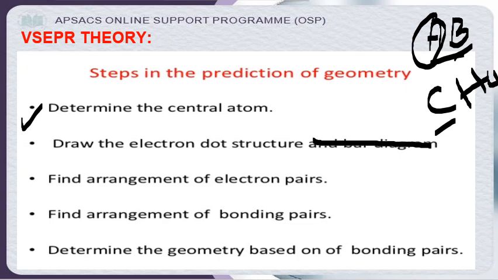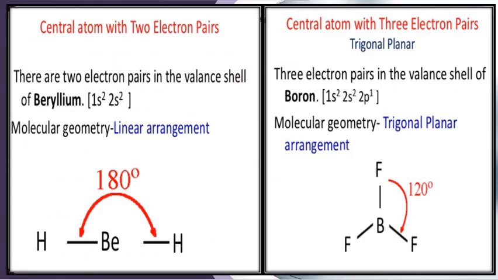That will determine the geometry of the molecule. As you have learned, there can be 2 electron pairs, 3 electron pairs or 4 electron pairs, which can all be bonded pairs, or there may be some lone pairs. Here I am going to discuss only those which have only bond pairs, right?